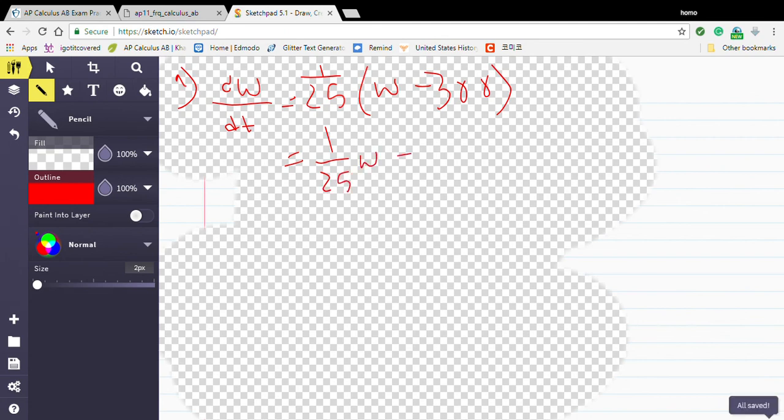Okay, here we go. Now let's take the derivative of this. So d squared W over dt squared.